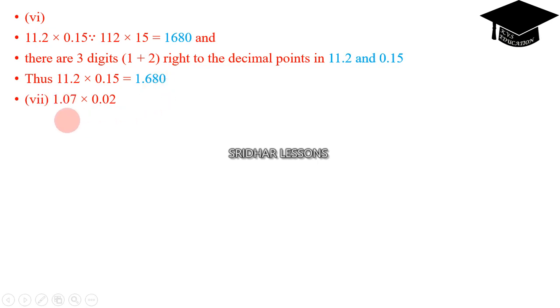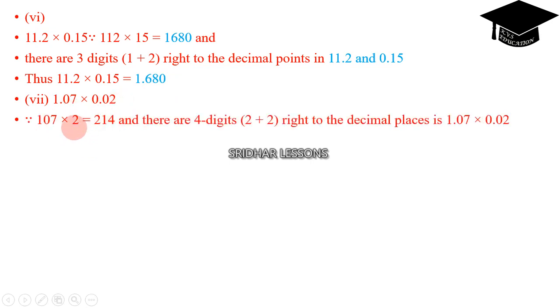Next question, 1.07 into 0.02. So 107 into 2 is equal to 214, but there are four digits, 1, 2, 3, 4, right of the decimal place. So the value will become 0.0214.